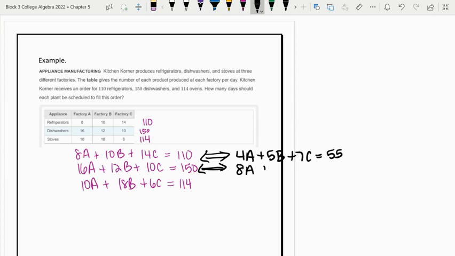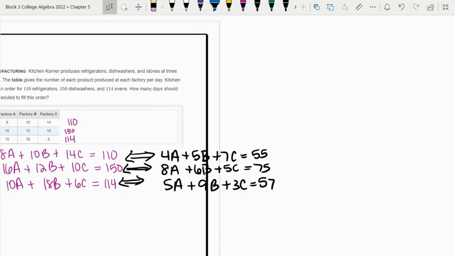So 8A plus 6B plus 5C equals 75. And the last one looks like 2 again. So 5A plus 9B plus 3C equals 114 divided by 2, 57.